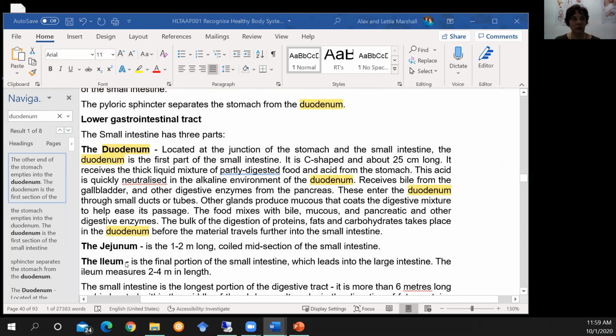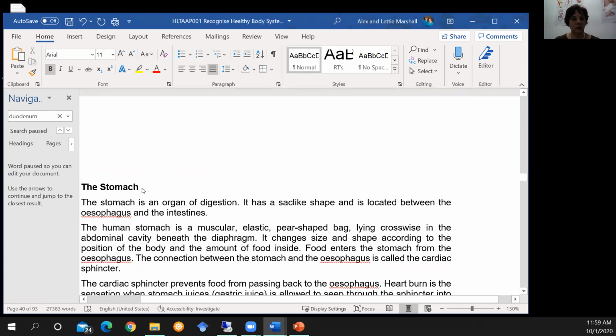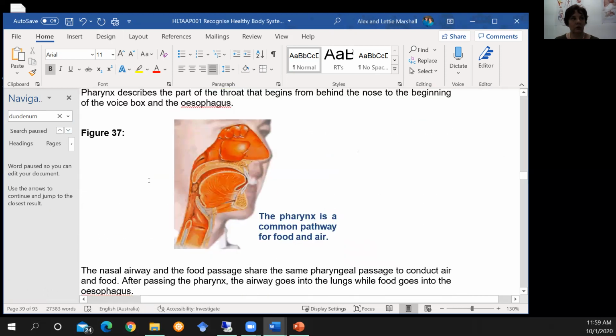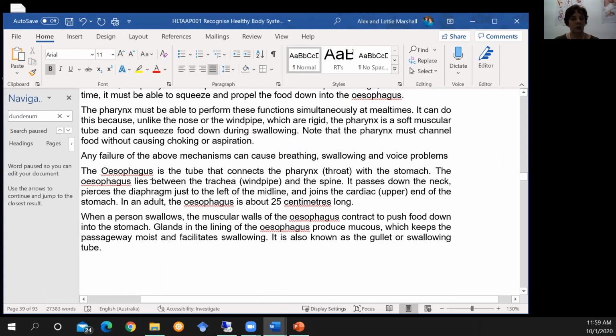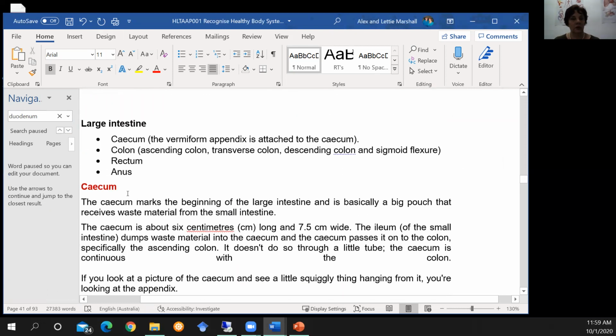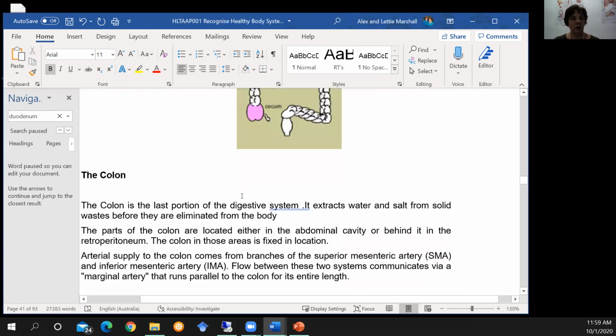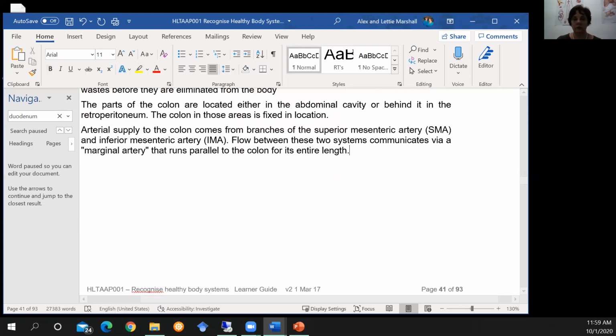So there's the ileum, there's the duodenum, there's the stomach, there's the cilium on the next page, and the colon on the bottom of the next page. Page 40 and 41.